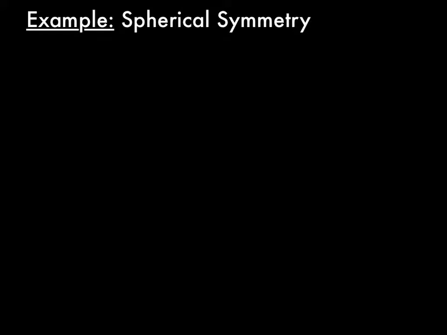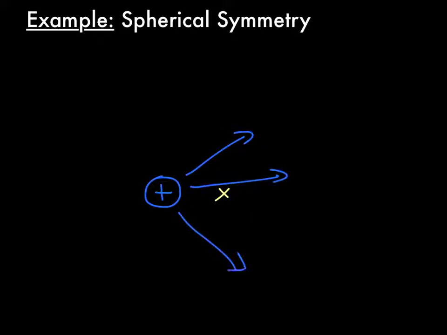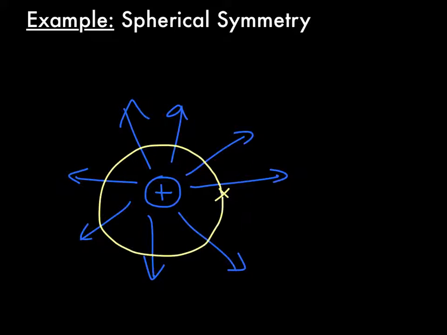Starting with a sphere, if you have a charge and you want to find the electric field here, you know that the electric field from a plus charge goes out in all directions, in 3D. So a Gaussian surface running through this point would be a sphere, and this sphere would have a radius r.